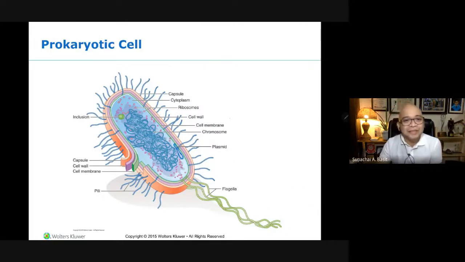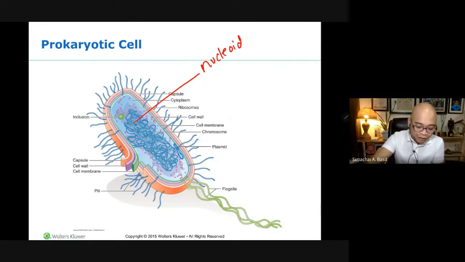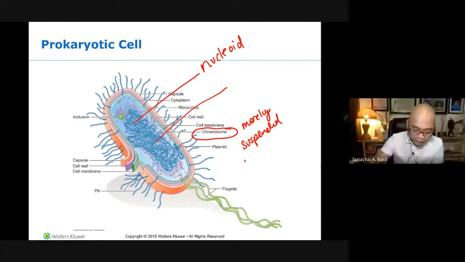So as what I've told you, it's so simple. So there's no nucleus. Instead, what you can see is a nucleoid. And genetic materials, chromosomes, are merely suspended in the cytoplasm.